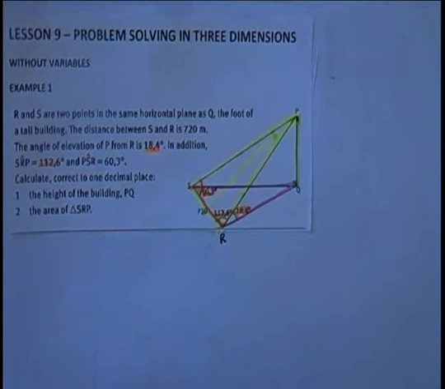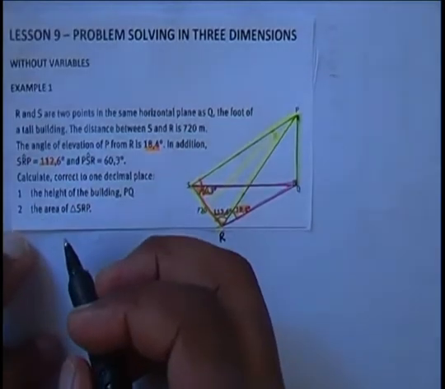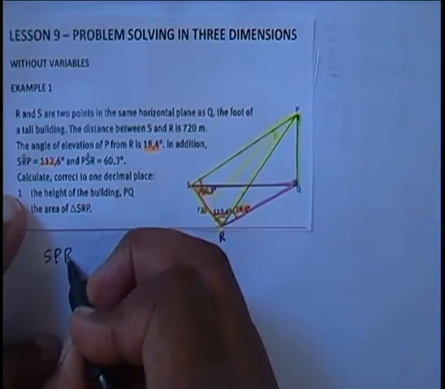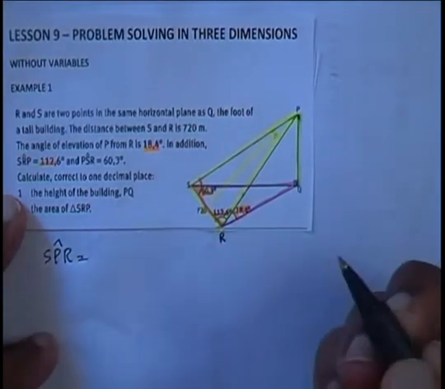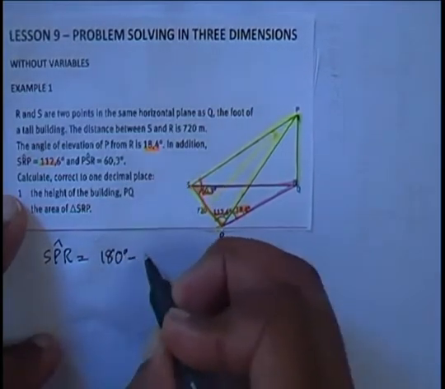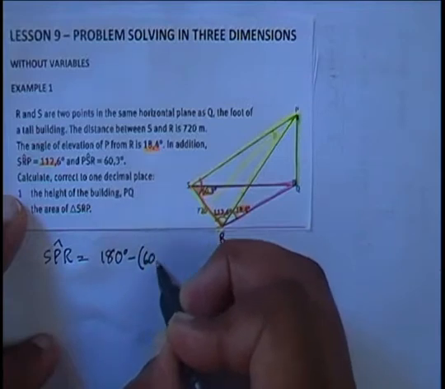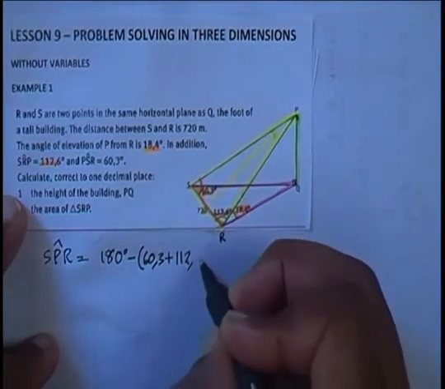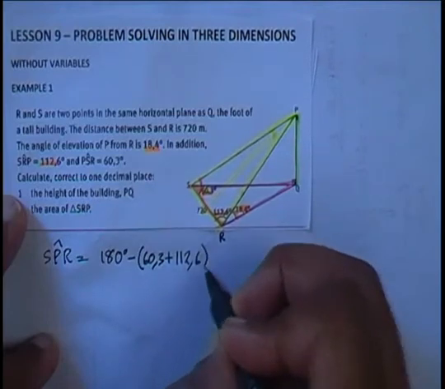So now what we need to do is to find angle SPR first. Okay, so angle SPR is equal to 180 degrees minus 60.3 plus 112.6.